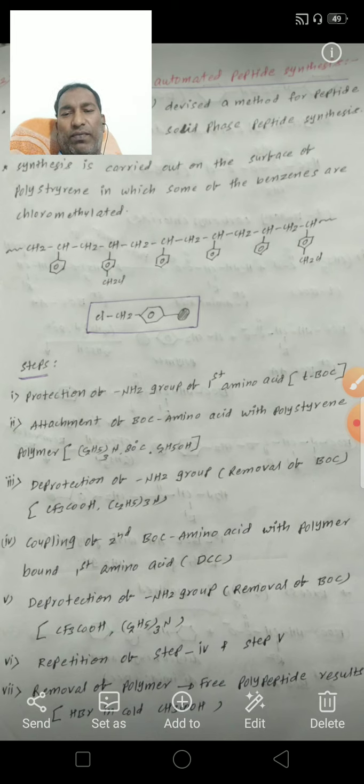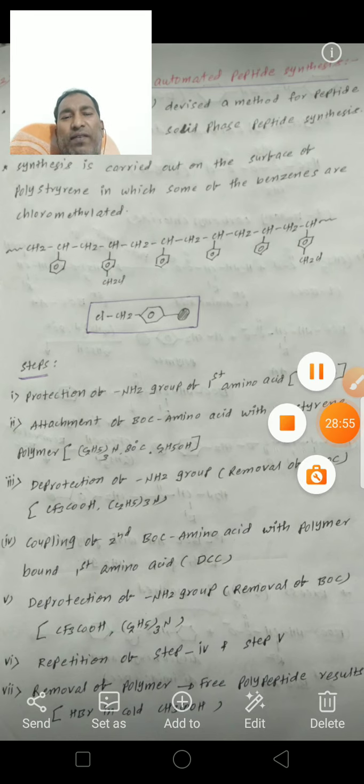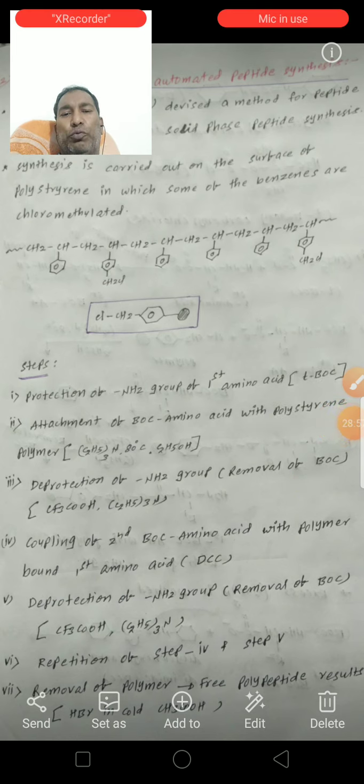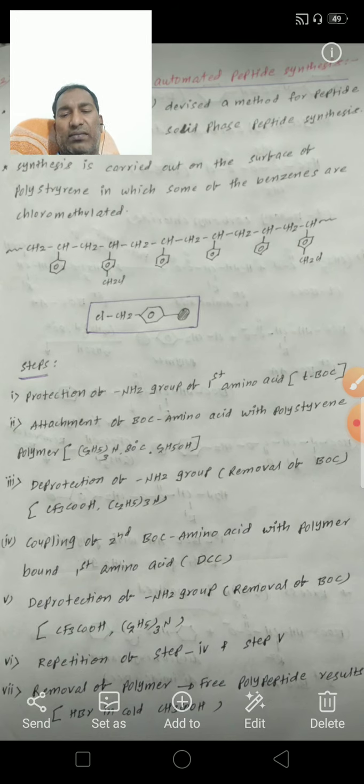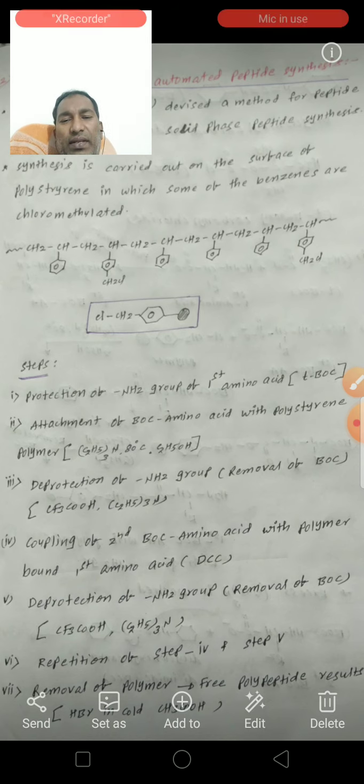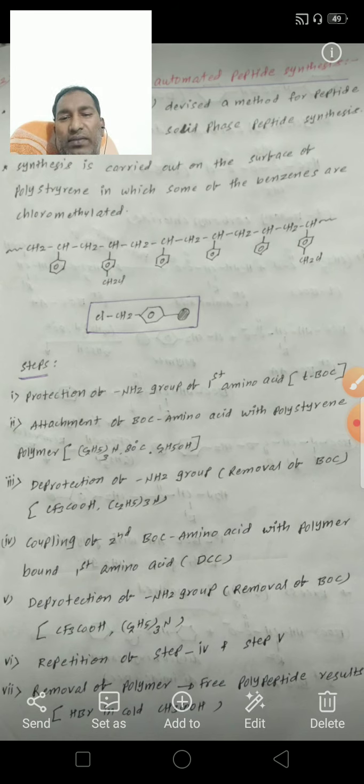Next, fifth one, deprotection of the NH2 group. That means removal of BOC in presence of trifluoroacetic acid and triethylamine. Next, repetition of step 4 and step 5.